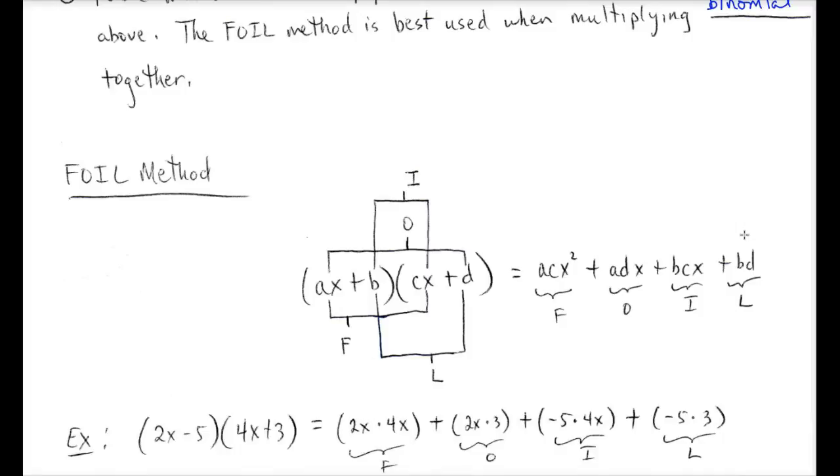And so we consider this the first terms when we multiply. We consider these the outer terms whenever we multiply. We consider these the inner terms whenever we multiply, and we consider this and this last one here the last term.